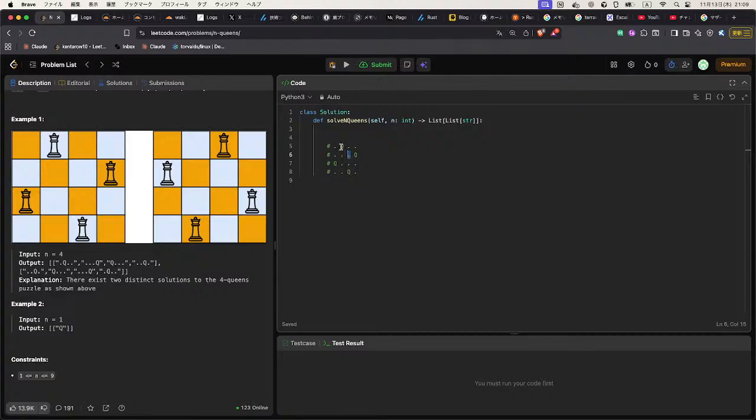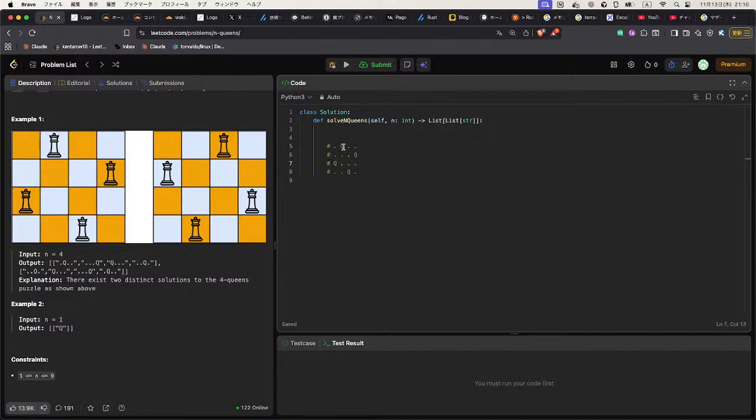So the distance for x is 1, minus 1. For y, 1, 1. Okay, so we don't need to care about sign.